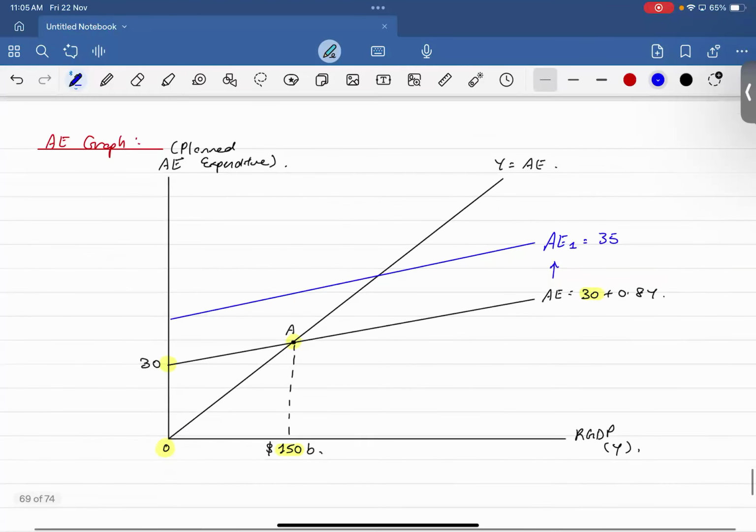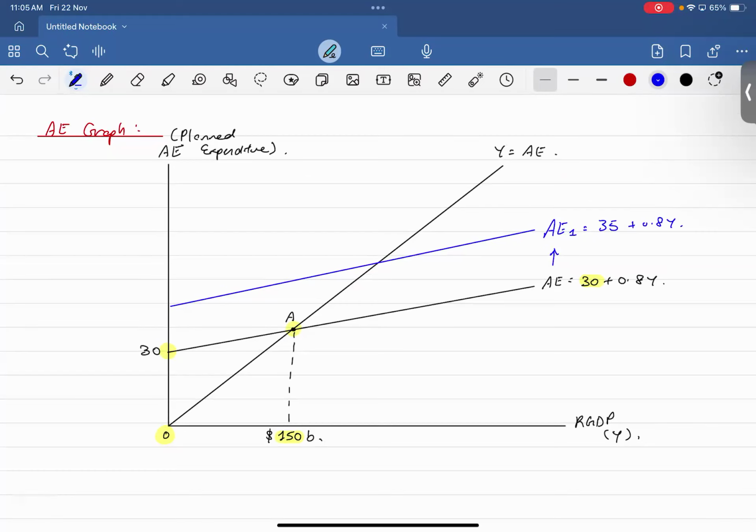Why is it 35 now? Because of the injection, because of the change in investment by 5 billion. So now point A moves up to point A1 here.